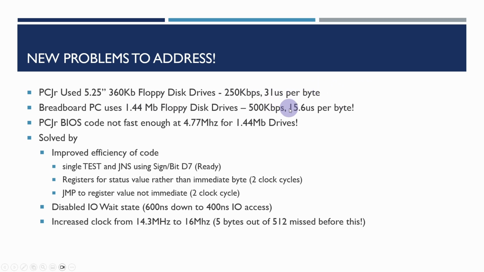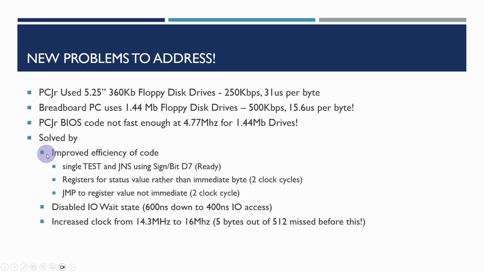However, we have about half that amount of time when we're using the higher density drives. The problem is the default PC Junior BIOS code was not fast enough at our 4.77 megahertz frequency for 1.4 megabyte drives. So I'll show you a number of things that I did to solve this.